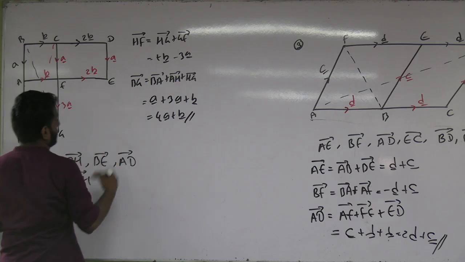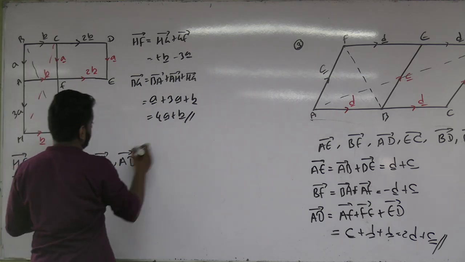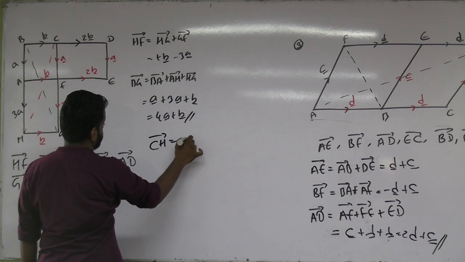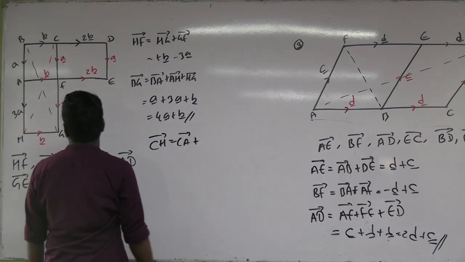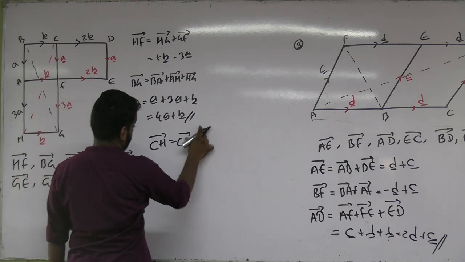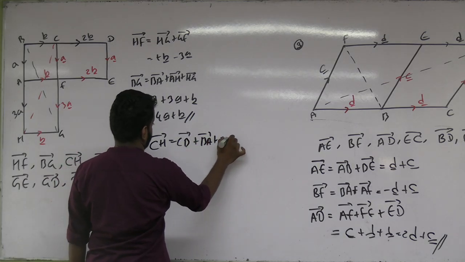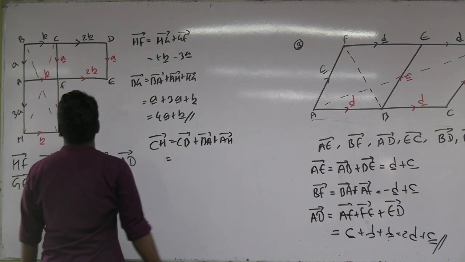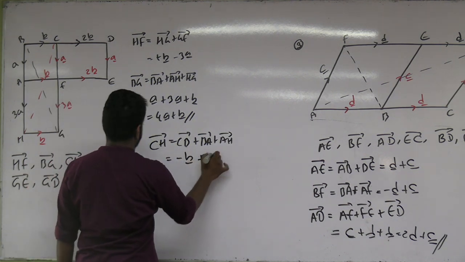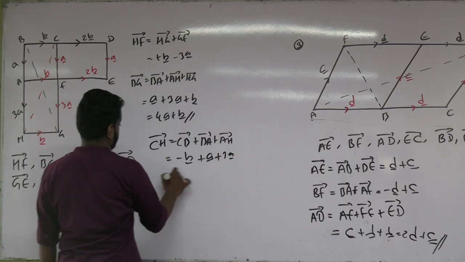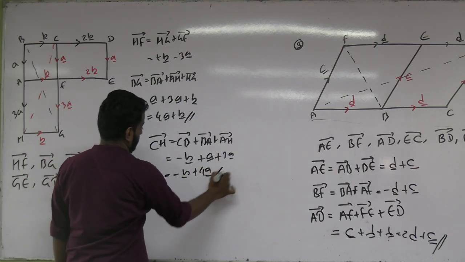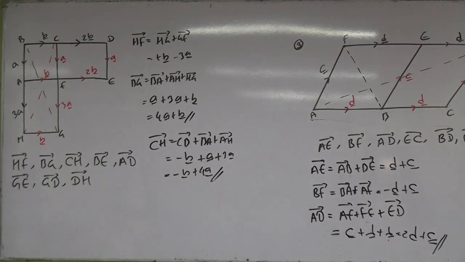So we can write CH equals CB plus BH. CB is minus B. So the vector CH is 4A plus minus B. Finished. Okay.